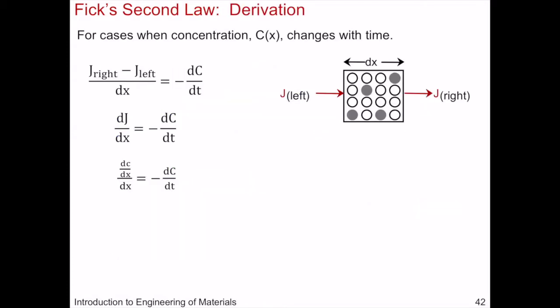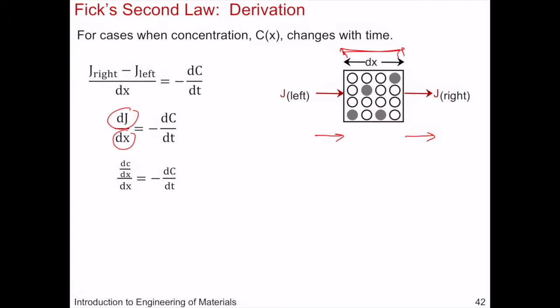And the way we can think about that is, for Fick's second law, we can think about the flux that's coming in on this left side versus the flux that's coming out of the right side over a distance dx. And so if there's a difference in the flux, as in they're not the same, then we can write it as dJ over this distance dx here, and the concentration gradient is changing over time.